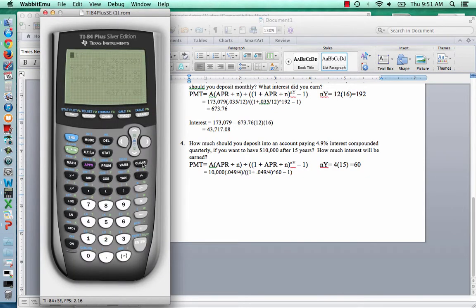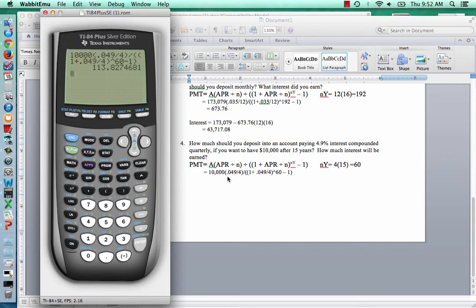All right, now let's type that in. 10,000. Oops, I put in too many zeros, so I can go back and just put the parenthesis over that. 10,000 times 0.049 divided by 4, and that parenthesis, divided by parenthesis 1 plus 0.049 divided by 4 again, and the parenthesis, to the 60th minus 1 and that parenthesis.